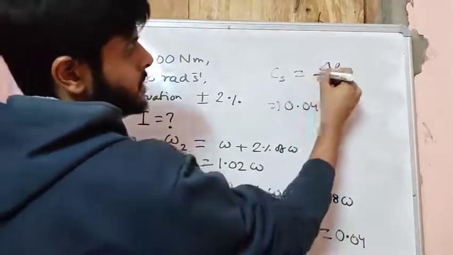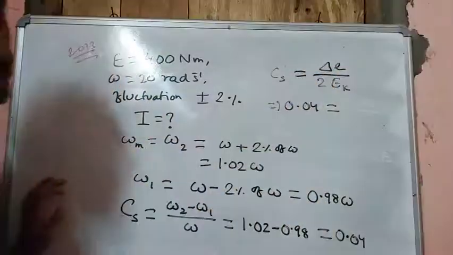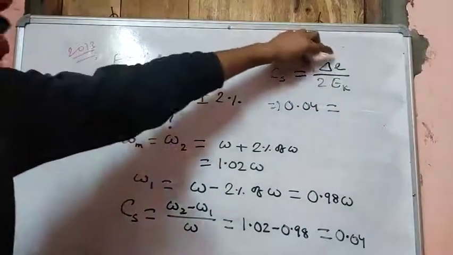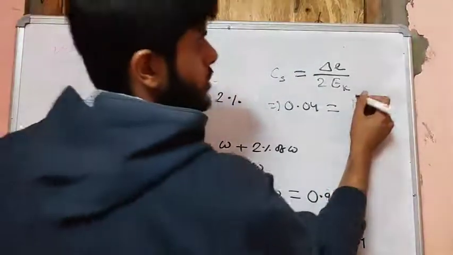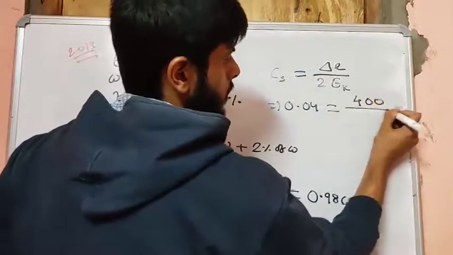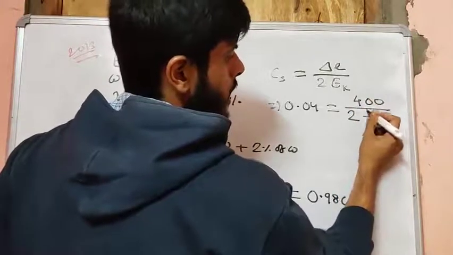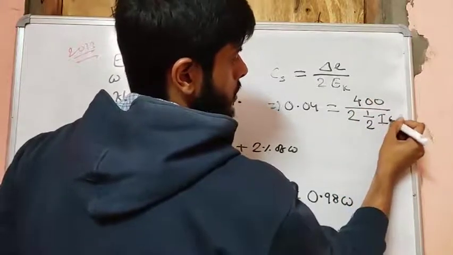Maximum fluctuation of energy will happen when the flywheel supplies an energy of this much, 400 Newton meter. So 400 Newton meter over 2 times half I omega square.